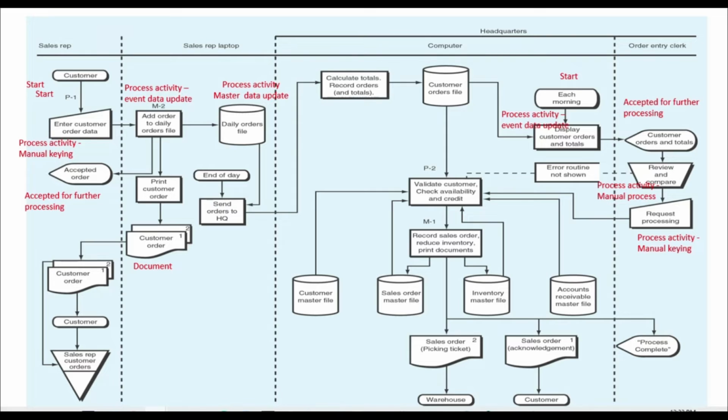Documents are shown in another diagram form. The process activity, event data update, accepting for further processing. The manual activity or manual processes, and the process activity, manual keying, they all have different flowchart symbols.